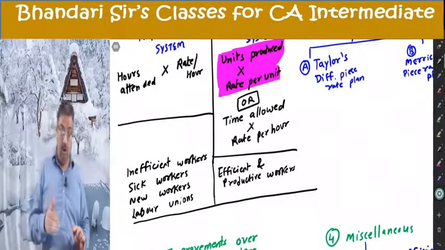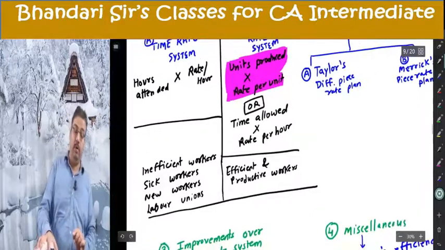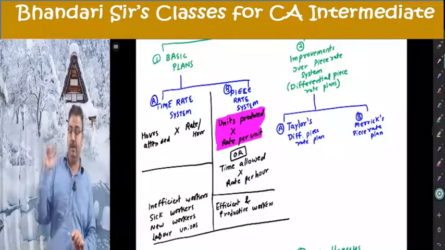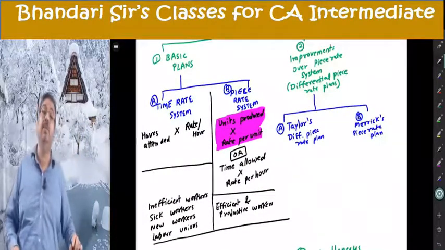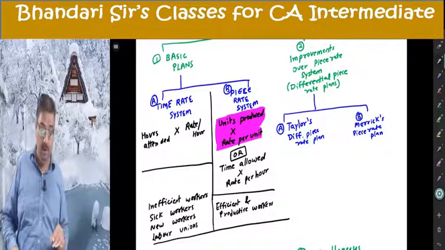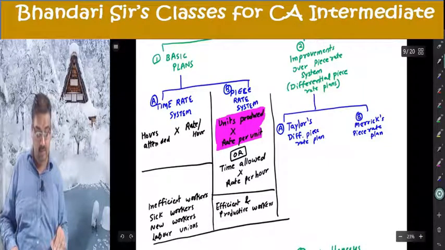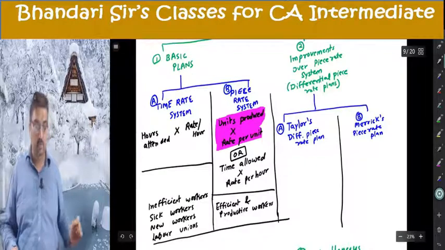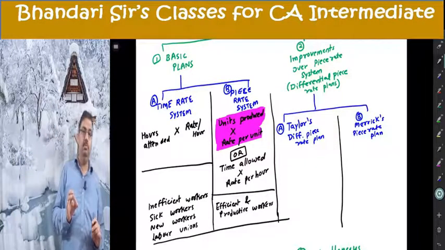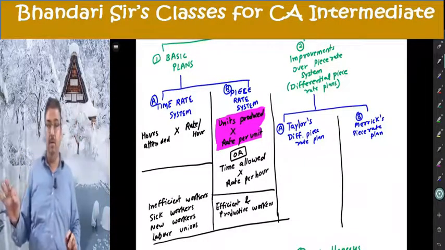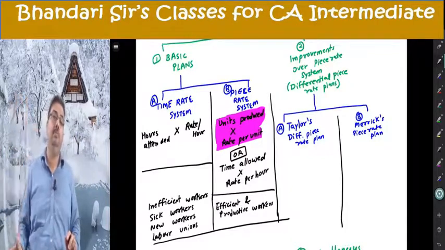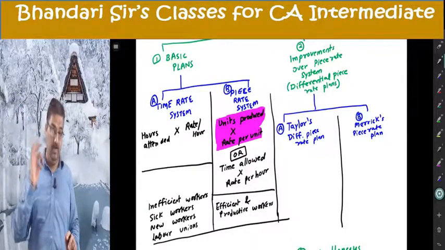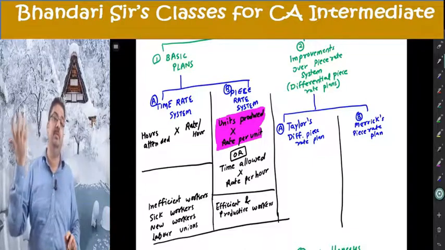Now I'm first talking improvements over piece rate system. The piece rate system improvements, they're given by two people. One is Taylor, another is Merrick. Taylor said, inefficient people given a penalty. The efficient people given some price.